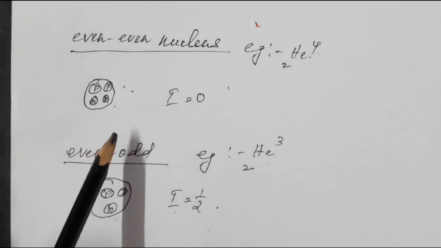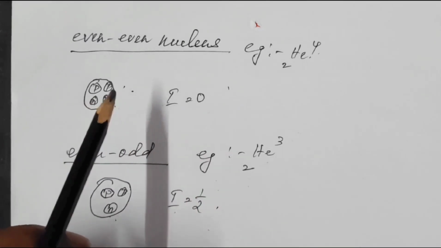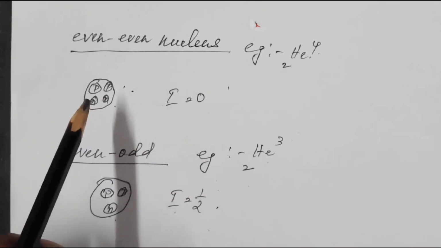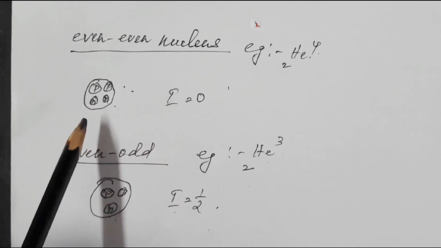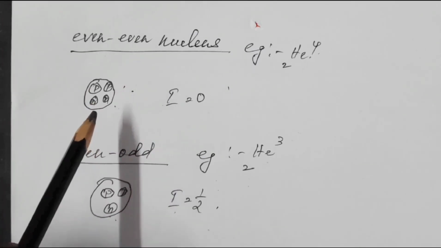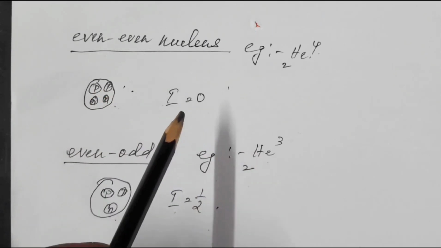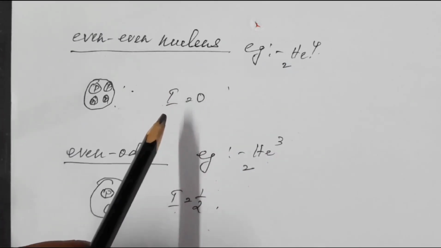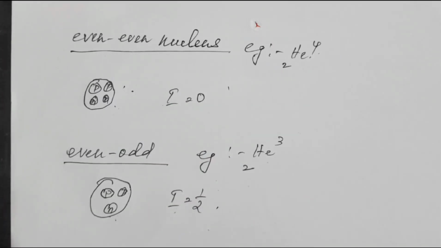Obviously, from Pauli's exclusion principle, 2 protons of opposite spin pair up, and hence no unpaired proton remains. Likewise, 2 neutrons of opposite spin also pair up, resulting in a 0 spin. So there is no unpaired nucleon left here. So the total spin cancels out, and nuclear spin of such a nucleus comes to be 0. That is, I is equal to 0.